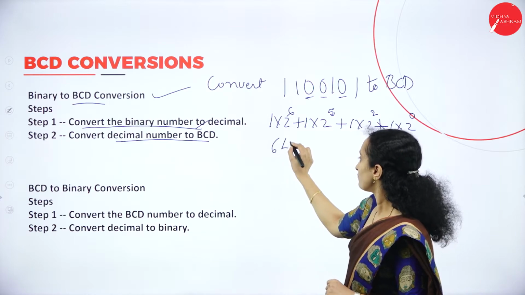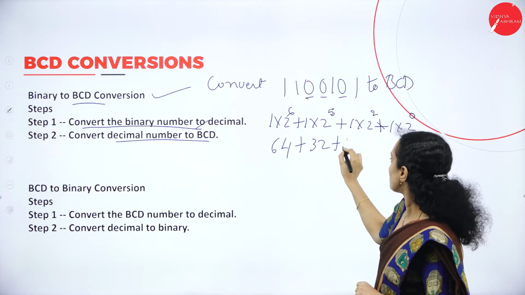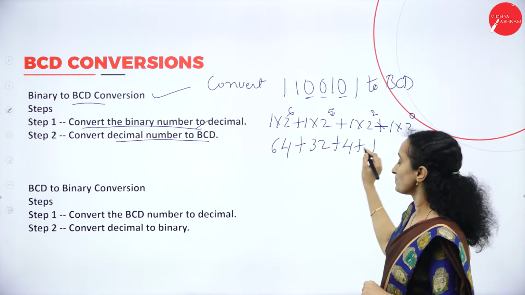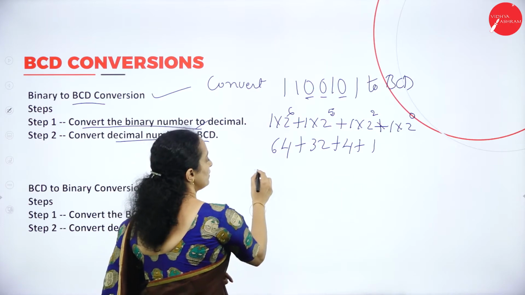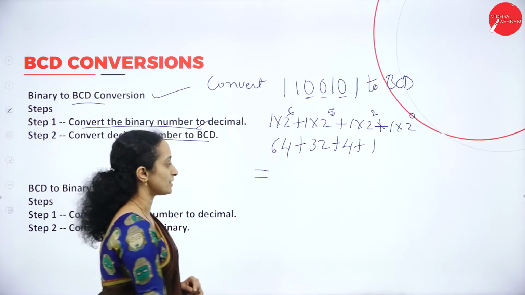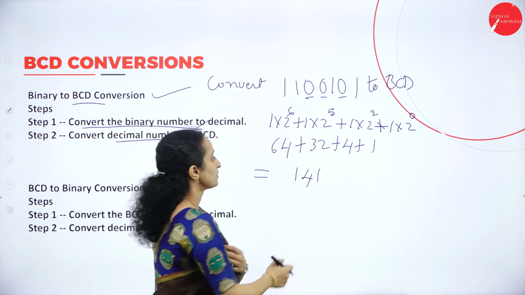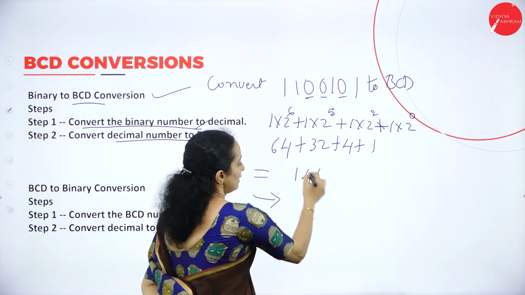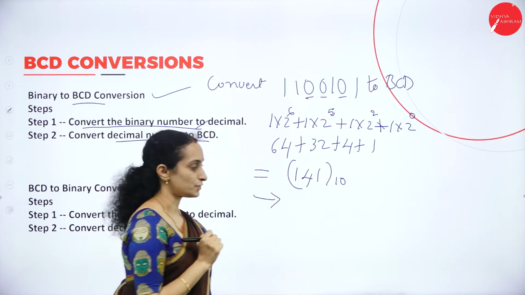So, this is 64 plus 32 plus 4 plus 1. Okay. Now, the decimal form of this binary representation is 141. Okay. So, this decimal form must be converted to BCD.